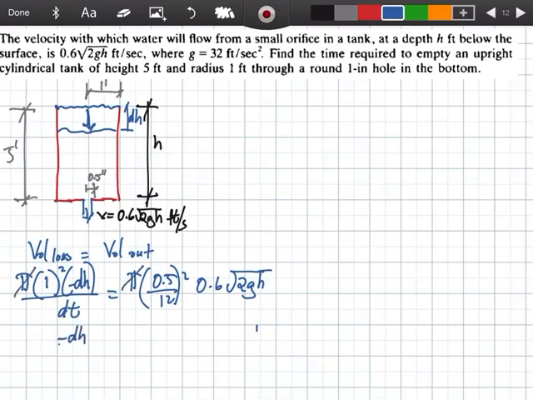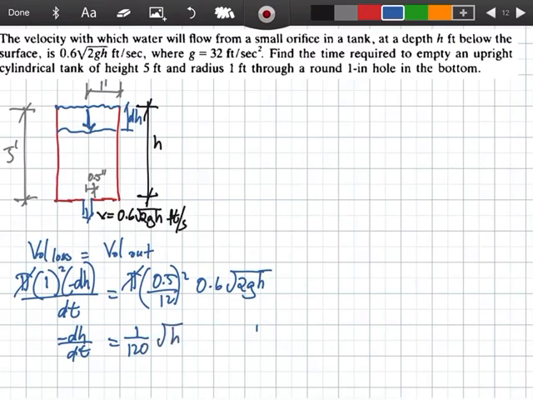Nagiging negative dH over dt is equal to, ano yung g? 32. So, 32 i-substitute natin. 2 times 32 is 64. Square root of 64 is 8 times 0.6 times 0.5 over 12 squared. 1 over 120 square root of h.